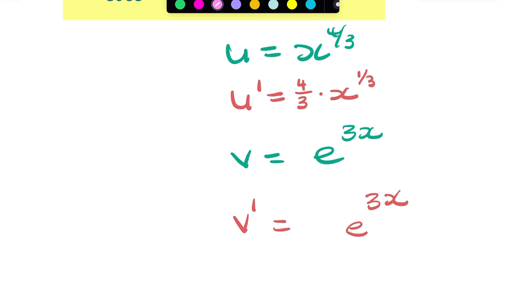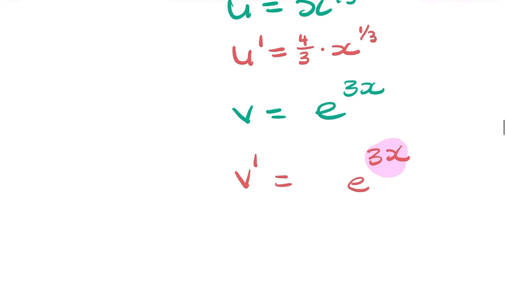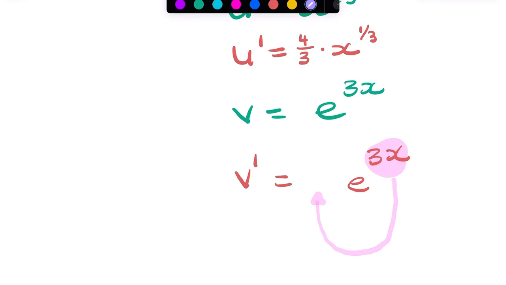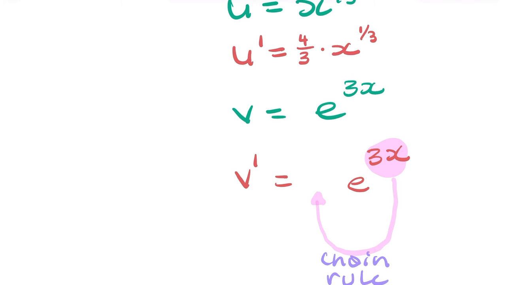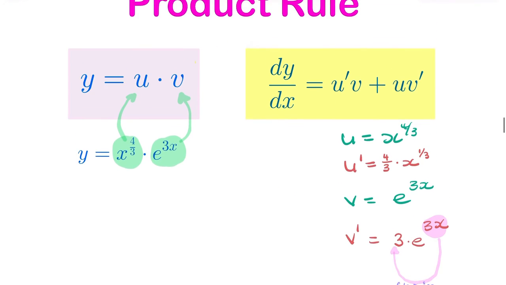But because this isn't x, it's a function of x, we need to use something called the chain rule to multiply by the derivative of 3x. So this is the chain rule. So you want to multiply by the derivative of 3x, which is 3. So that's v dash.